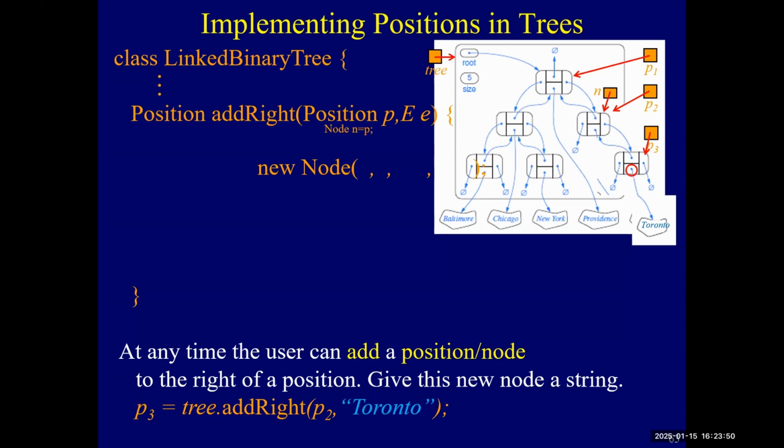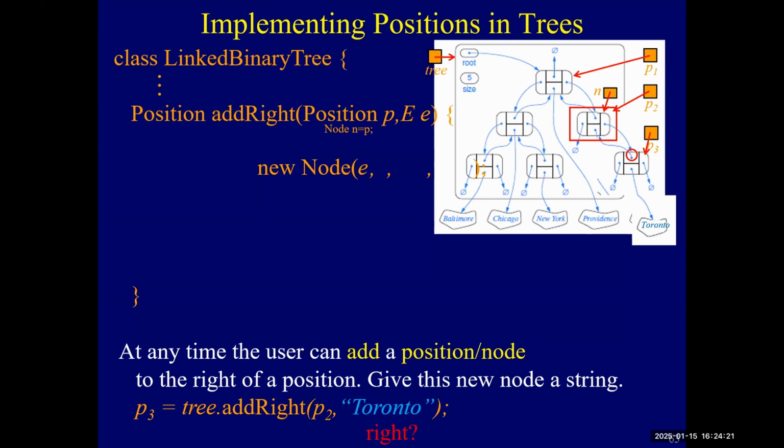So there, Toronto. Here I'm kind of tracing it. We want Toronto here, so we pass Toronto in, and Toronto goes in by E. And then who's our parent? Our parent is this guy. Who is holding this guy?